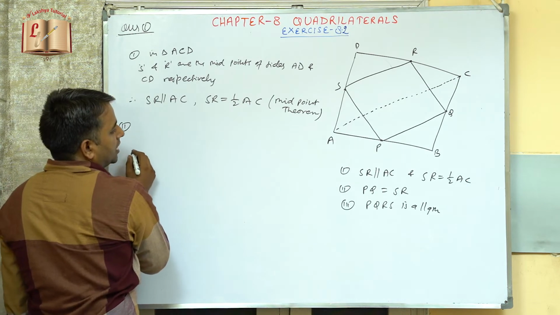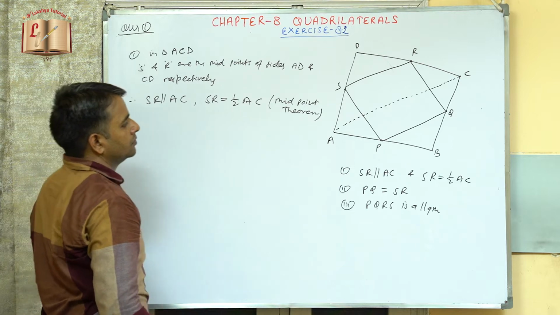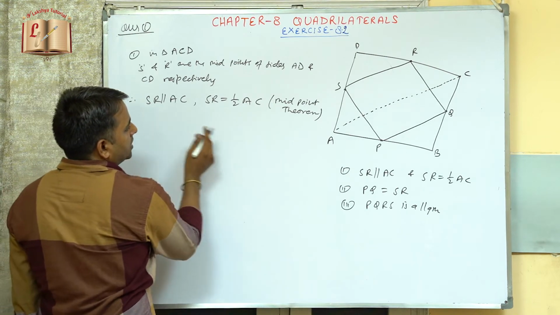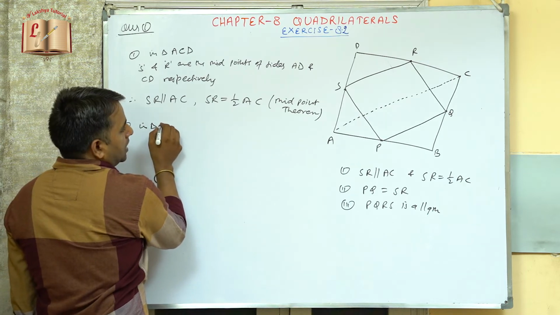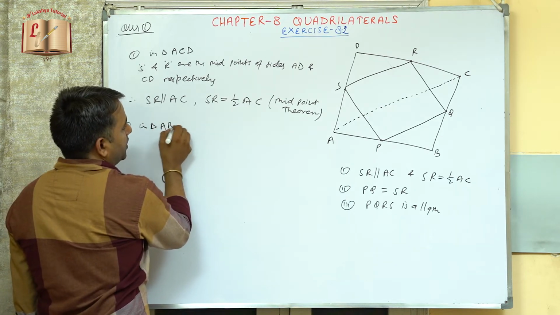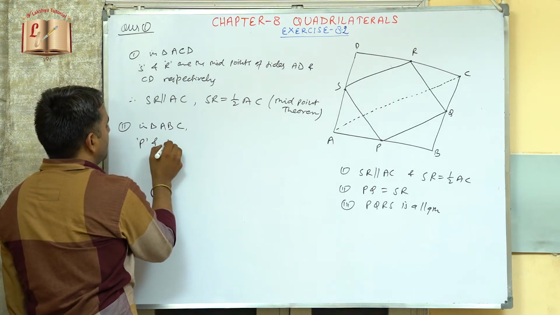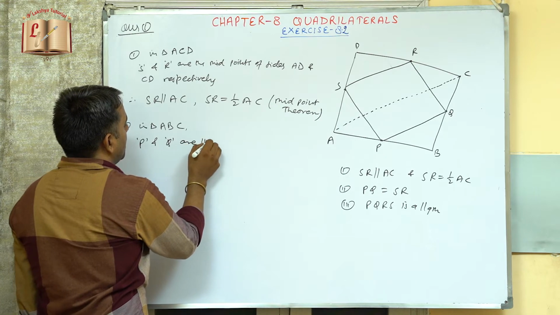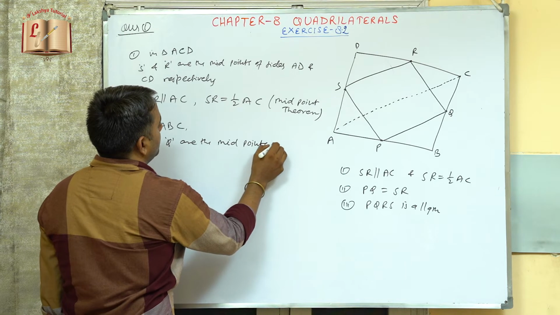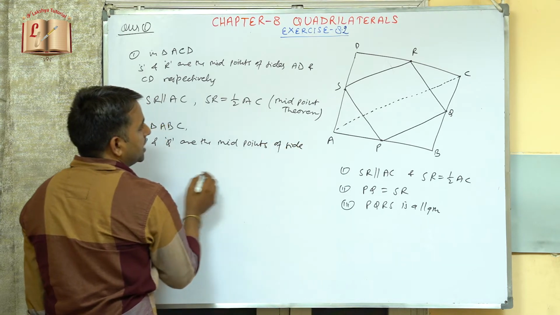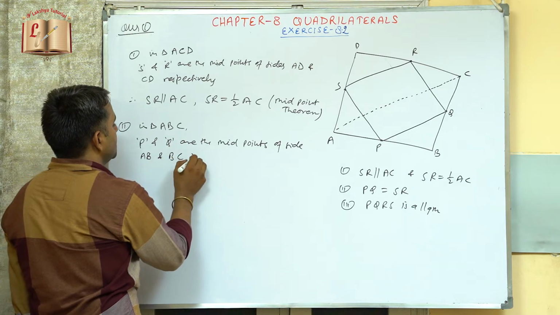Now coming to the second one. In triangle ABC, P and Q are the midpoints of sides AB and BC respectively.